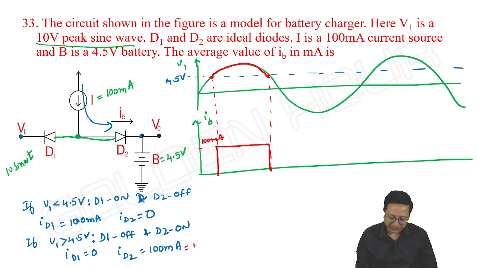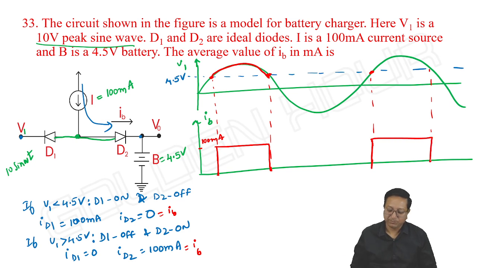That's it. Again, as long as V1 is less than 4.5, means this point to this point, D1 is on and ID1 is equal to 100 milliampere. When V1 is greater than 4.5 volt, then D1 is off, D2 is on, and the same story continues. That's it. Like this we can take.